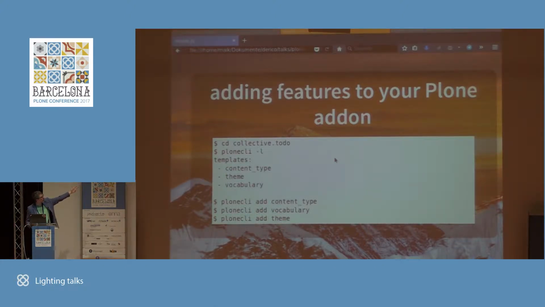Then you go inside the package like we did before. You list the templates. You will just see subtemplates because only they make sense there, and then you will just say Plone CLI add content type, and so on and so on. I think it's much more usable, and you don't have to Google how to use it.